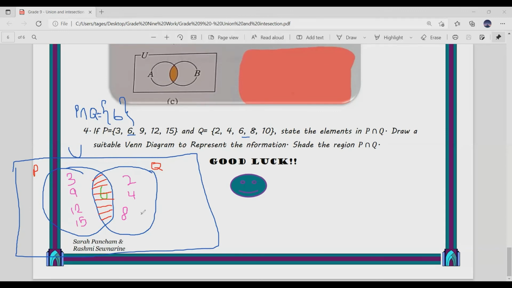Represent shaded region P intersect Q. Okay, so it's shaded. So this is what our Venn diagram looks like. So this is going to be P intersect Q, and this is our Venn diagram. Now that's it. So please make your corrections where necessary, and that's it.